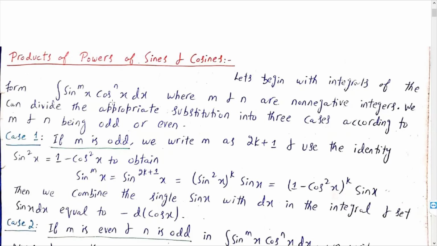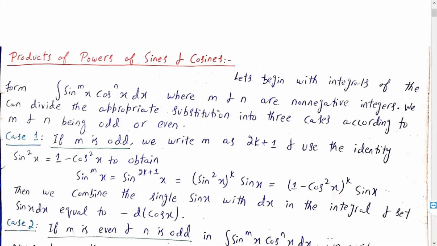The second one is the power of tangent and secant, and in the third comes the multiples of sines and cosines. So throughout, m and n are going to denote the positive integers.